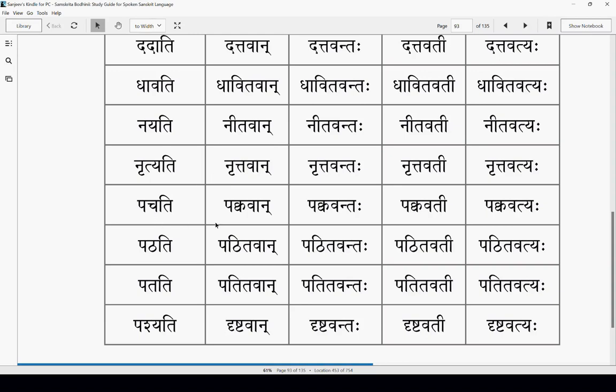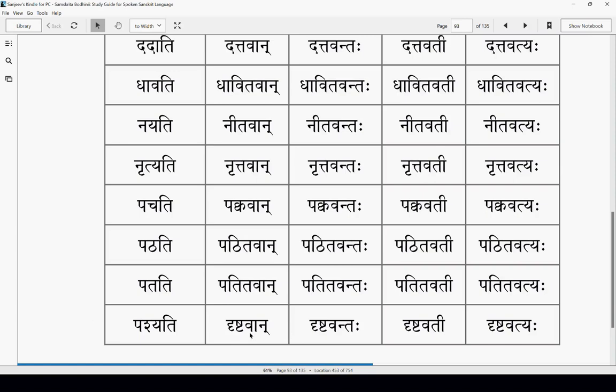But Pach is the dhatu, it becomes Pakvavan. Pat becomes Patitavan. Pashyati, drish is the dhatu; in Vartamana Kala it's a special form like Pashyati, but Bhutakridanta again goes with the dhatu: Drishtavan.